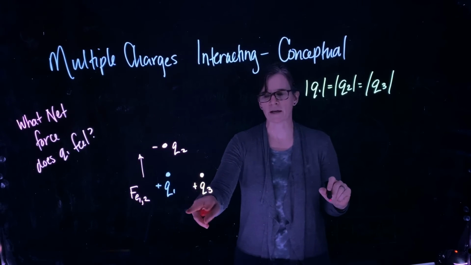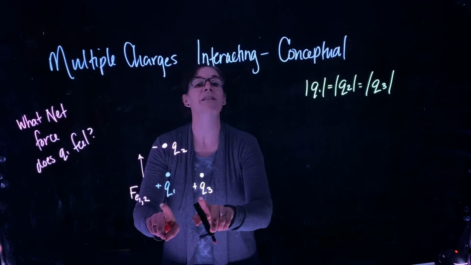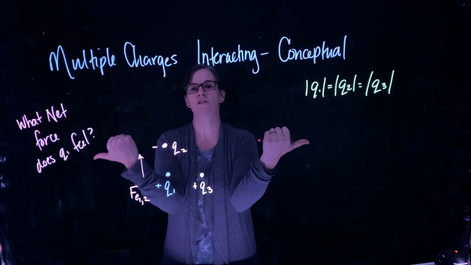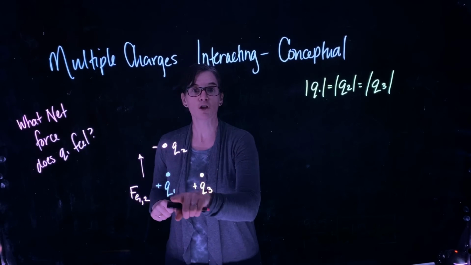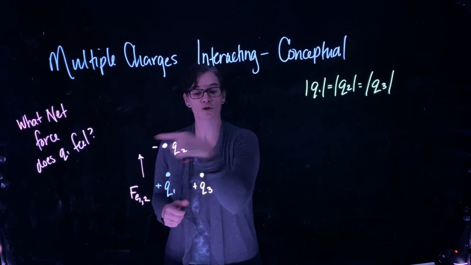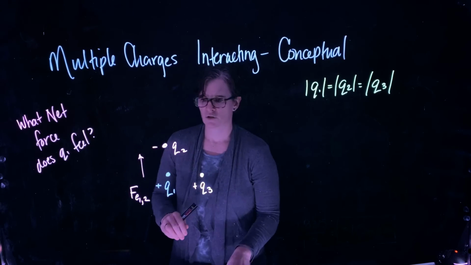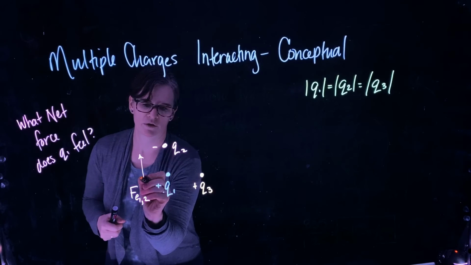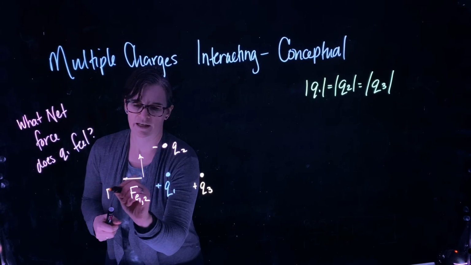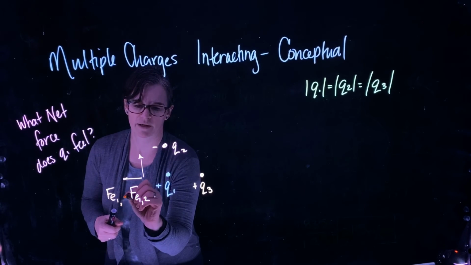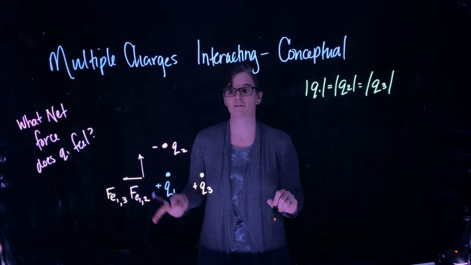What about Q3? Well, those are both positives. Likes repel. So those forces are going to be repulsion. For Q1, repulsion means to the left. So the electric force on 1 by 3 is leftward.